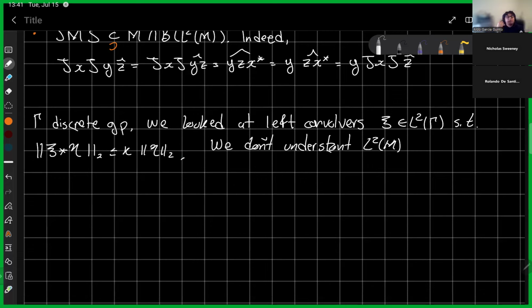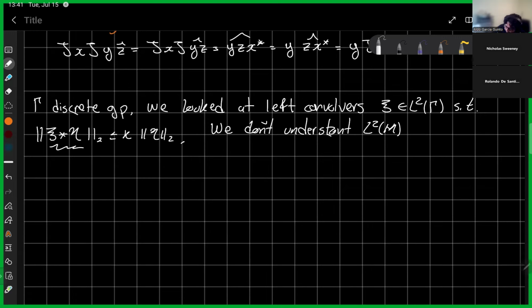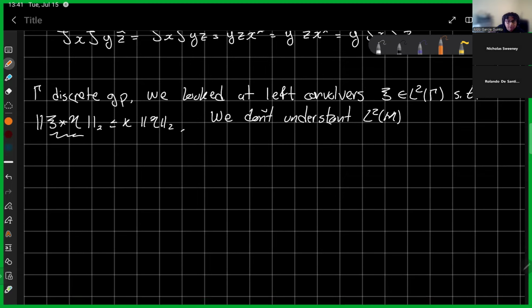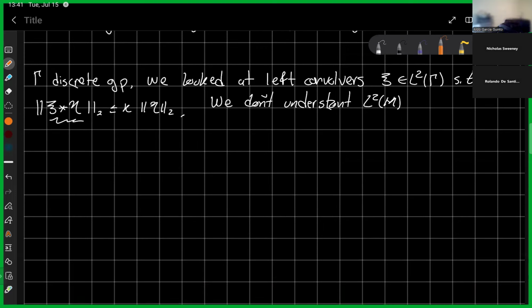But we still want to be able to define an action in a similar way to how we define this action here. For that reason, it suffices to ask for this to hold at the level of M hat.